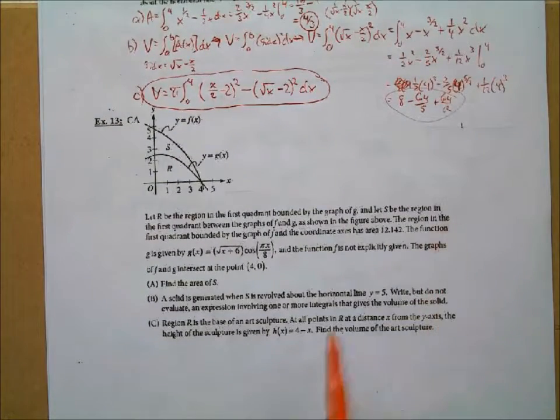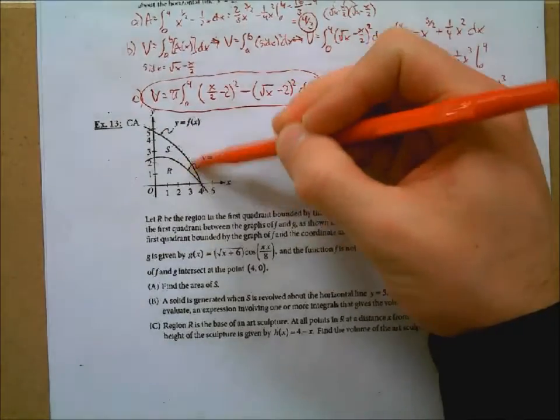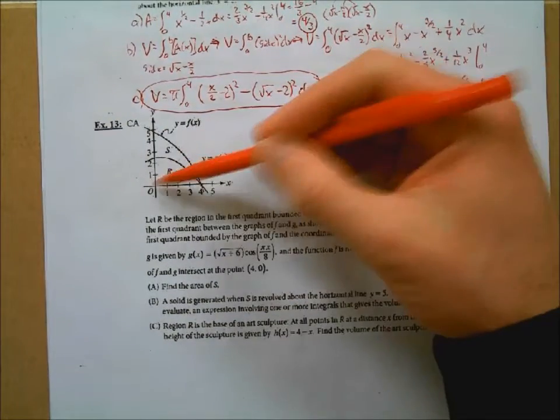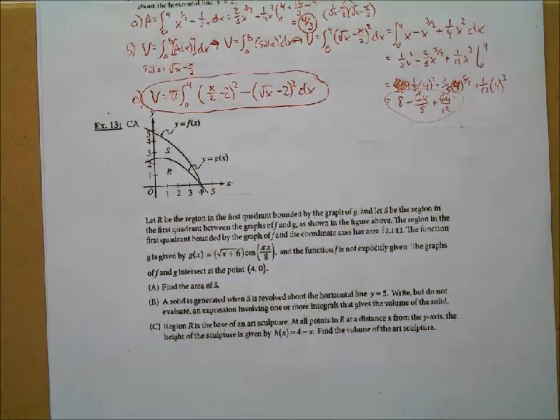The region in the first quadrant bounded by the graph of f and the coordinate axes has an area of 12.142. So the entire integral of f from 0 to 4, both S plus R, in other words, is 12.142.